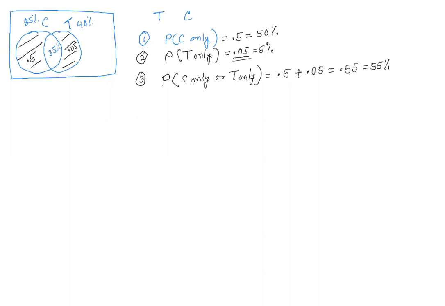There is a 55% chance that somebody drinks only coffee or only tea. Number 4, what is the probability that somebody drinks both, which is given? Probability of drinking both, tea and coffee, is 35% or 0.35.